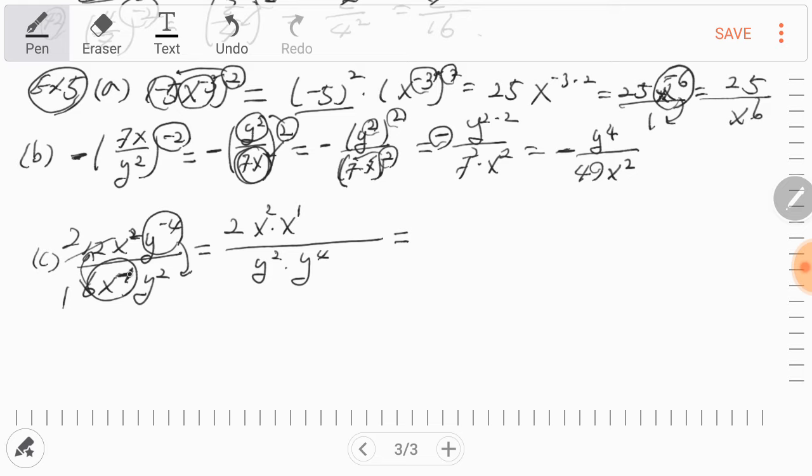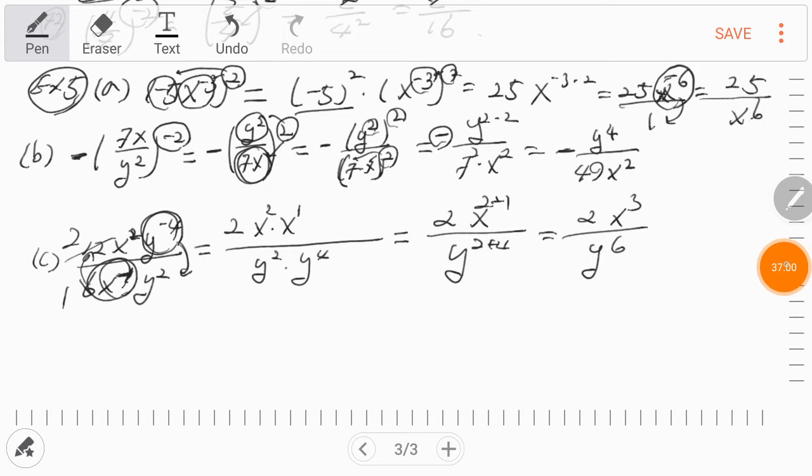So negative 1 is less than 2, so move this one. And negative 4 is less than 2, so move this exponential form. Then the numerator is 2x to the power 2 plus 1, the denominator is y to the power 2 plus 4. So 2x cubed over y to the 6th power.